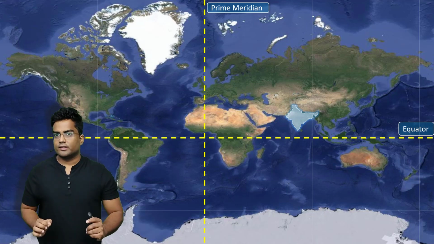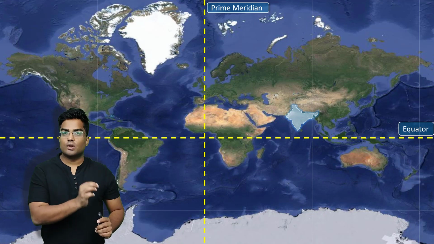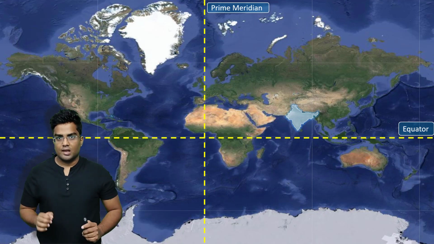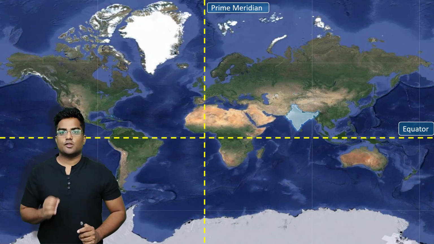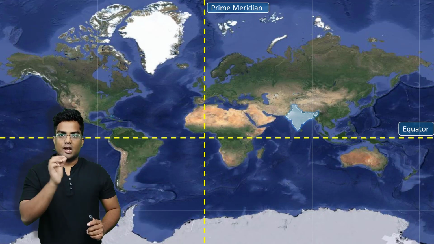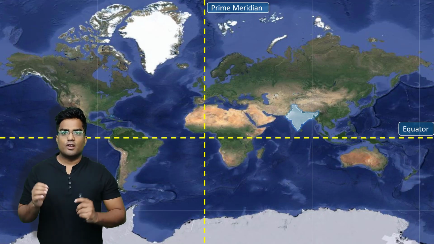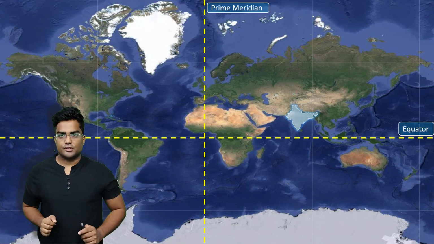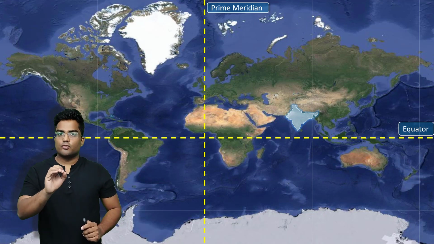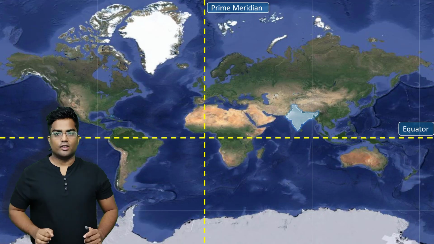Now we are not going to discuss the grid lines, that is the latitude as well as the longitude, in detail. We are only concerned about the location of India. We will discuss latitude and longitude and the division of coordinates in a very specific way in the coming chapters. At this point, we are only interested in knowing the location of India, the coordinates of India.